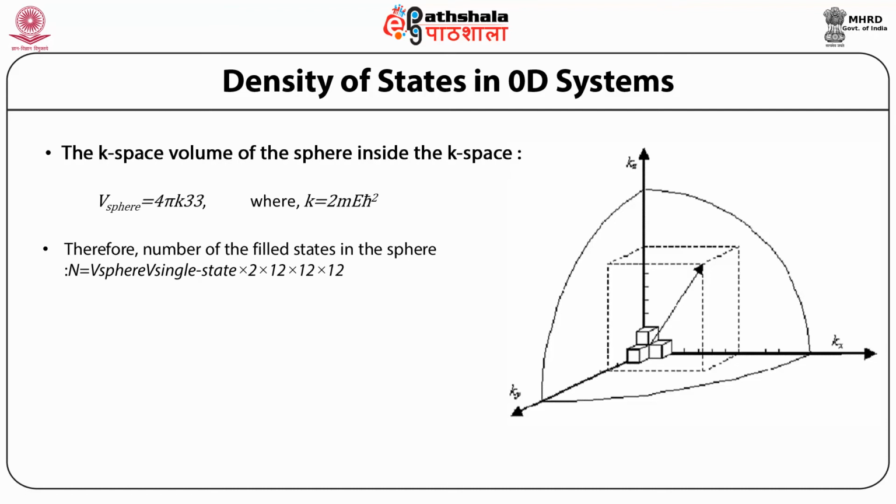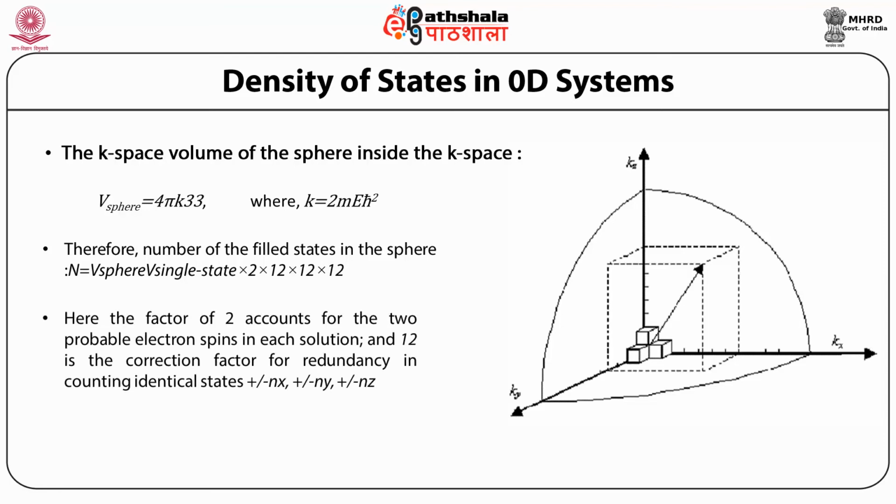V sphere by V single state multiplied by 2 multiplied by 1/2 multiplied by 1/2 multiplied by 1/2. Here the factor of 2 accounts for the 2 probable electron spins in each solution, and 1/2 is the correction factor for redundancy in counting the identical states ±nx, ±ny, ±nz.